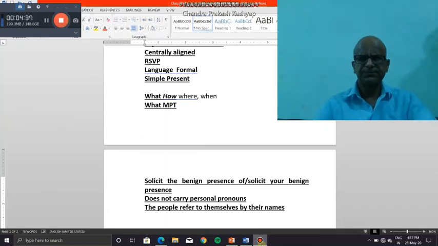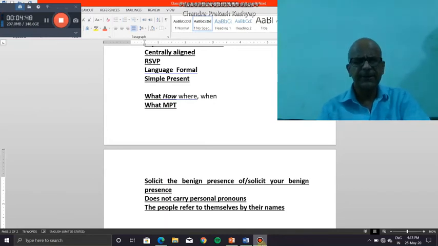So you may go through a few of these invitations in the books that you have bought, or you may be in the process of buying. However, this is just one format that is called a postcard format. This is basically what is taught and how a formal invitation has to be.